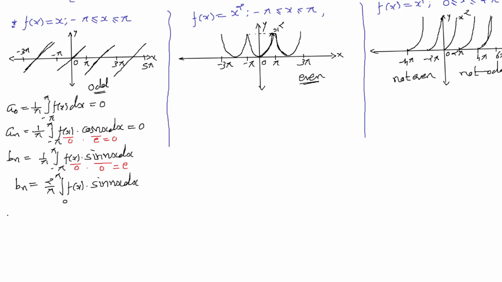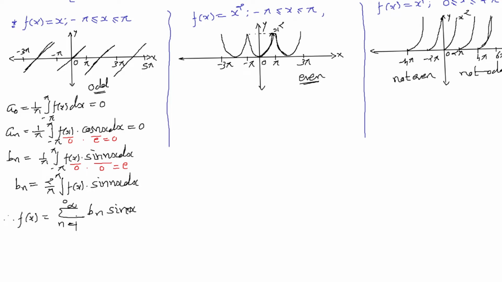Right. Therefore, what would be the Fourier series? a0 by 2, a0 is 0, so 0 by 2 is 0, plus summation n equal to 1 to infinity an cos nx. An's are 0, so 0 into cos nx is 0, plus bn sin nx.